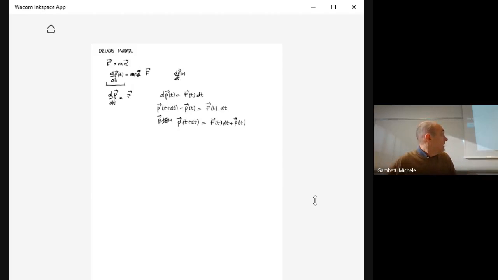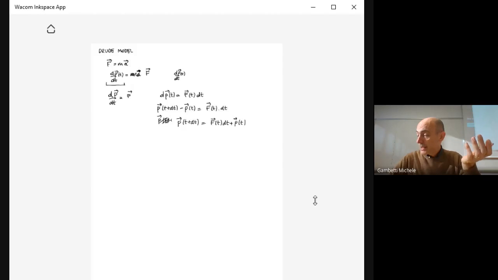Okay, so the equation tells us that the momentum that you have at time t plus dt is due to two contributions. One contribution is momentum at time t. The other contribution is the force applied during this interval of time times dt.